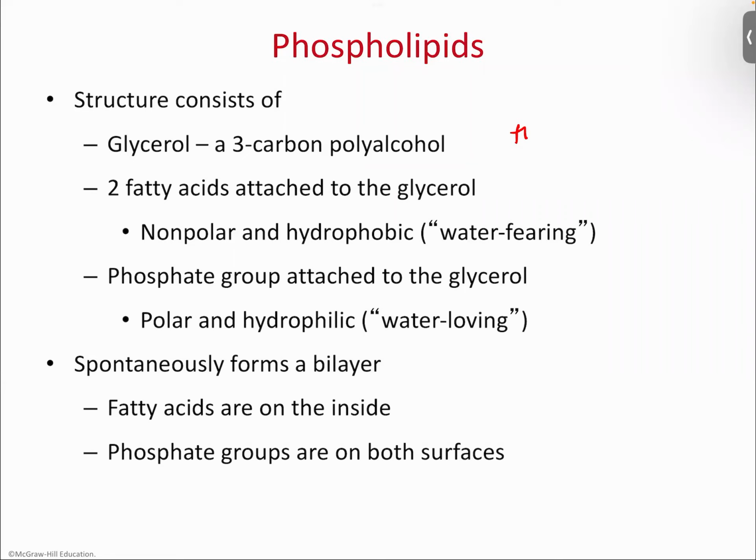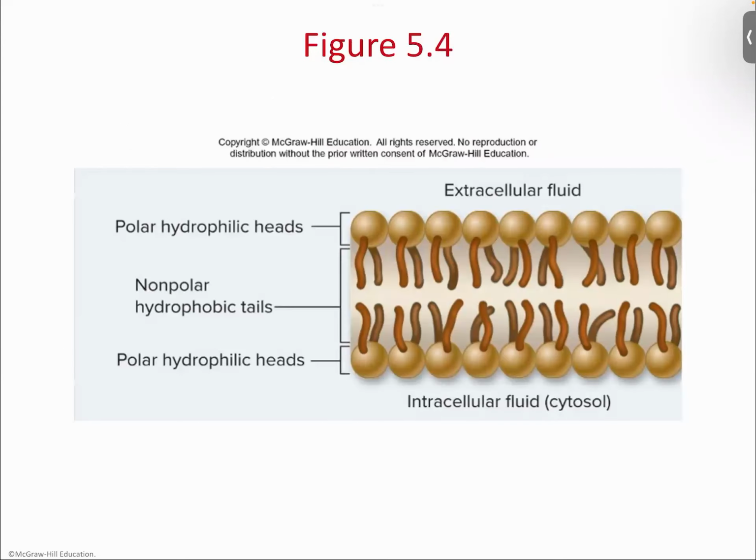So remember, we've got a glycerol backbone with two fatty acids on it on one side and a polar phosphate head on the other. We already know that it spontaneously forms a lipid bilayer. And so this is basically what we get for free. But this is what causes the barrier, right? So this is always a bit of a problem.